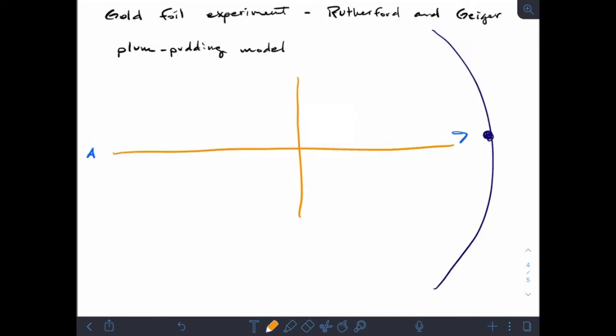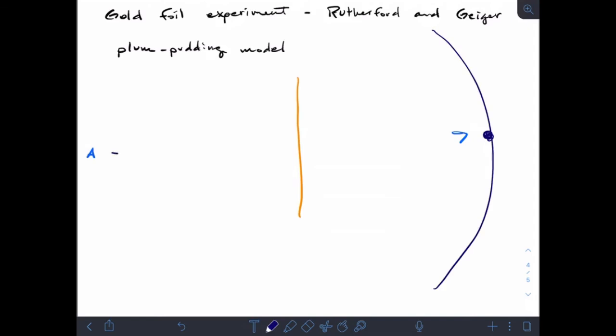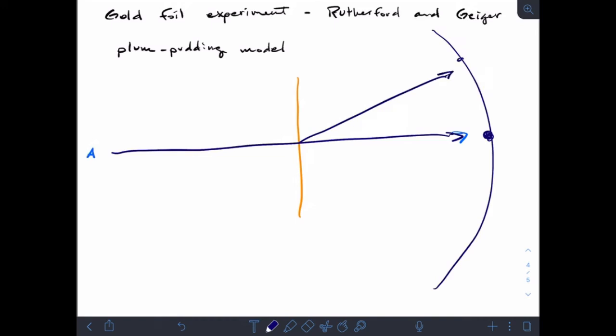Well, what they found instead was that most of the alpha particles went straight on through, but a couple of them were deflected, and a couple of them bounced back entirely.